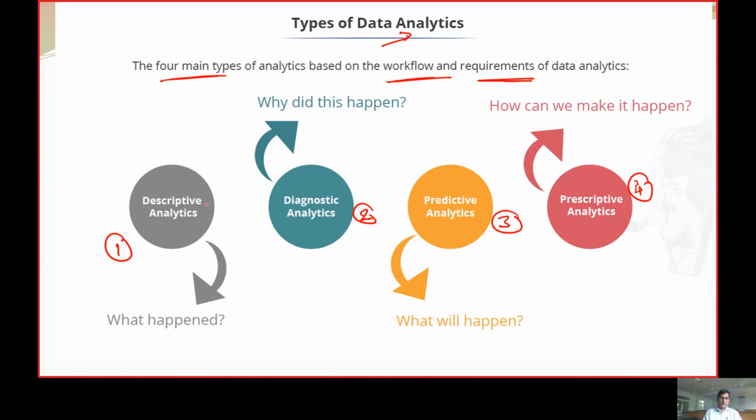Coming to descriptive analysis, we go with some statistical inferences: what has happened, and what was the root cause. We need to understand what had happened. The next one is why it happened.